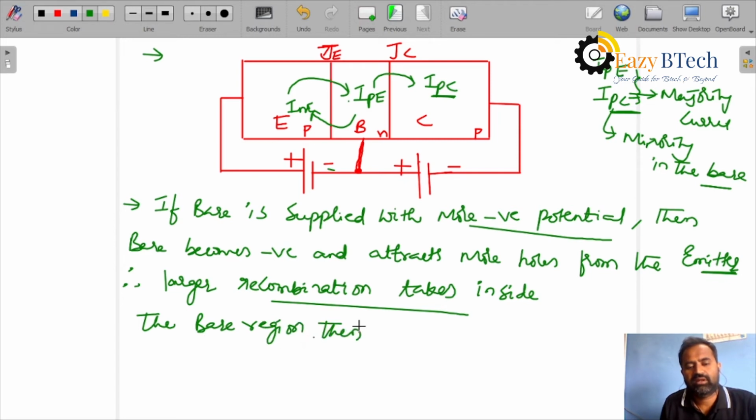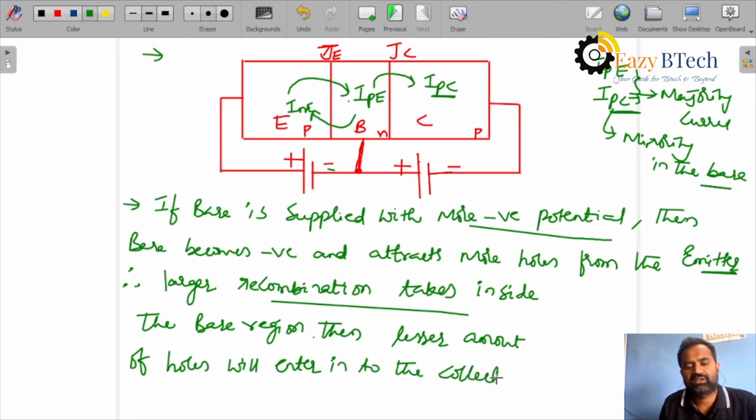Then a lesser amount of holes will enter into the collector region. Now it is very clear: if you supply more negative voltage to the base, larger recombination takes place within the base, and a lesser amount of charge moves from here to here.